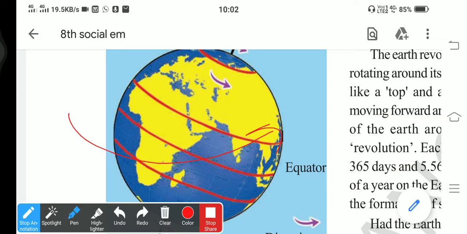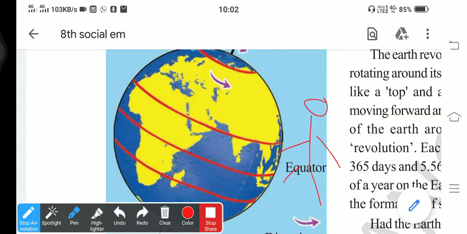So there will be a change in the duration of the day and night. In the morning we see that the sun rises in the east. When it comes to 12 o'clock, we see the sun is over our head, this afternoon, right?